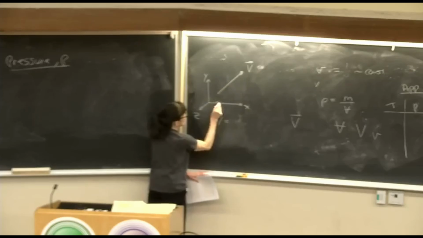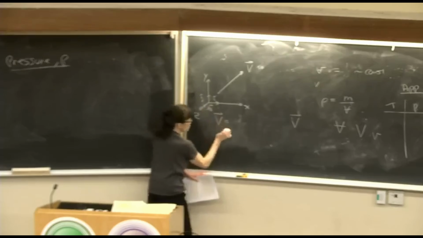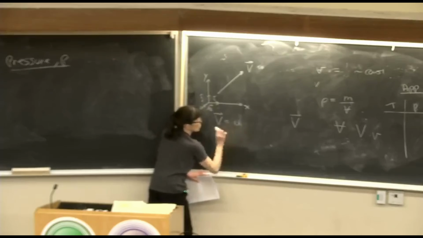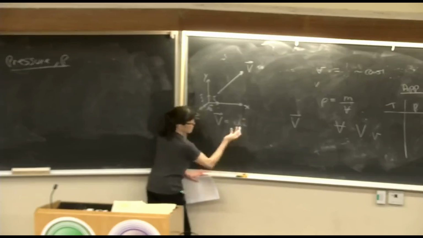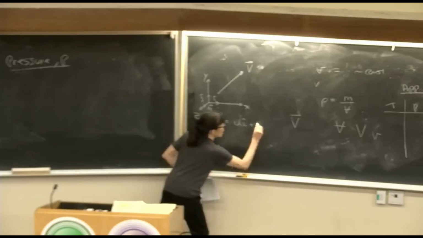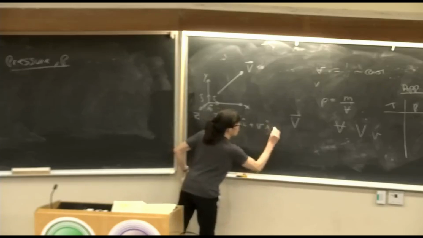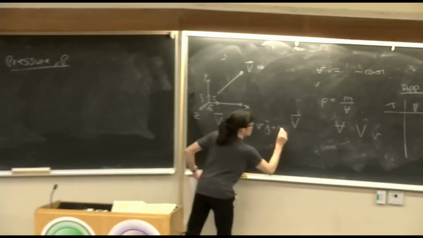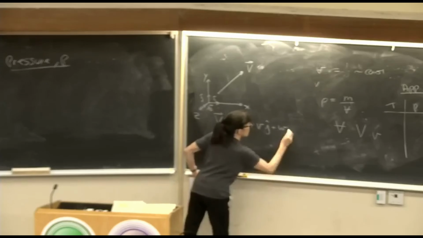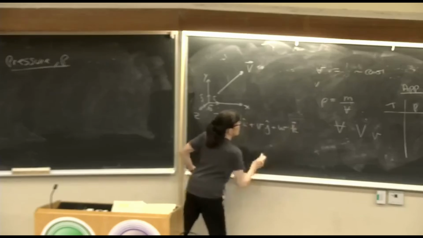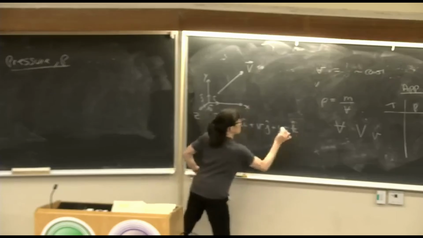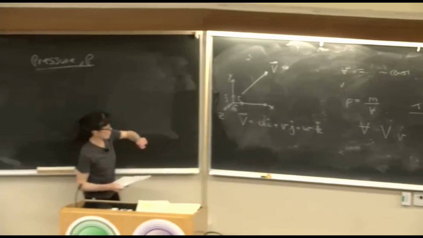And using the unit vectors, i in the x direction, j in the y direction, k in the z direction, then the x component of velocity in the i, y component, so there's the v, the lowercase v, j, and the z component of velocity in the z direction.